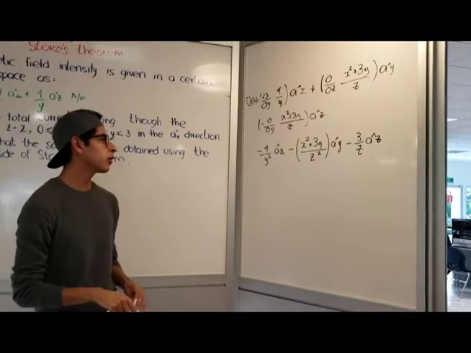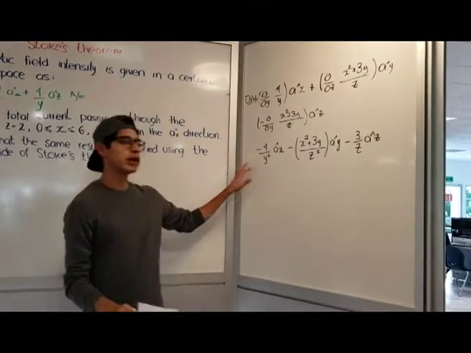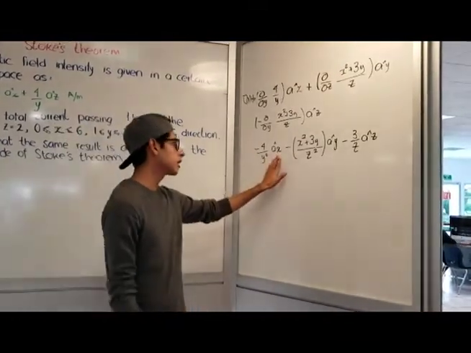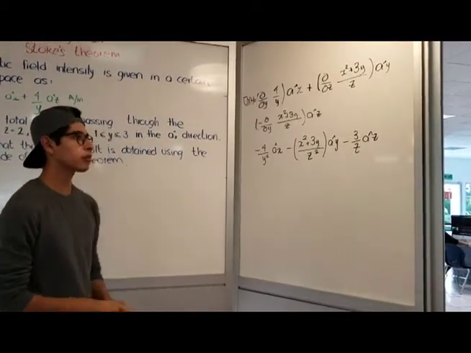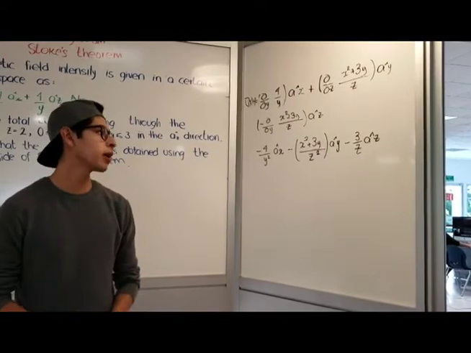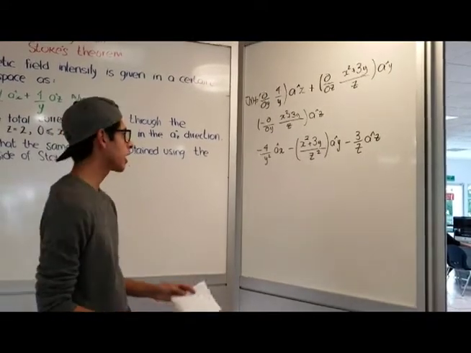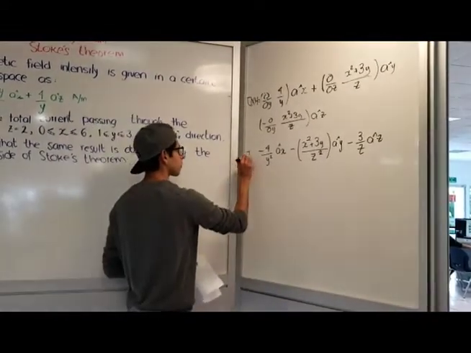And after deriving, we have minus 4 over y squared in direction to x, minus x squared plus 3j over z squared in direction to y, and minus 3 over z with respect to z.